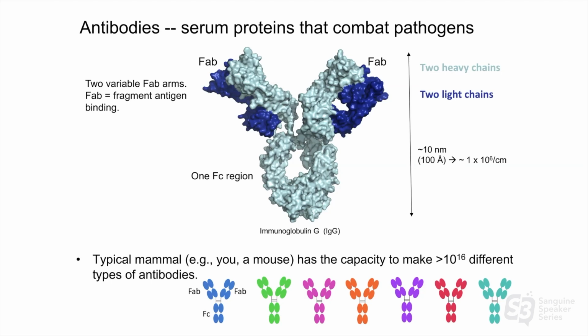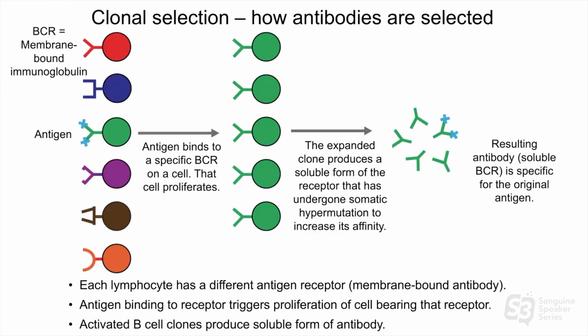And then the final reminder would be that the clonal selection theory is the way that B cells and T cells are selected by a pathogen. In the case of B cells, they have membrane-bound receptors, which are just B cell receptors. Those are membrane-bound antibodies. I'm symbolizing the different types of membrane-bound antibodies or receptors with the different colors here.